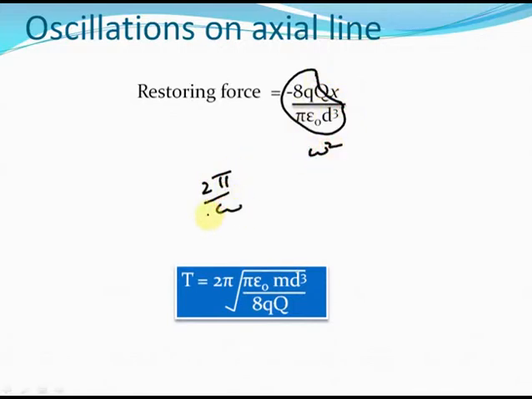When you use these simple harmonic formulae, you can obtain the time period of small oscillations along the axial line. Understood? Again, there was no hi-fi fundamental involved in this case. All we did was simply calculate the force on a charged particle when it is placed between two other positive charges. That's all we did.